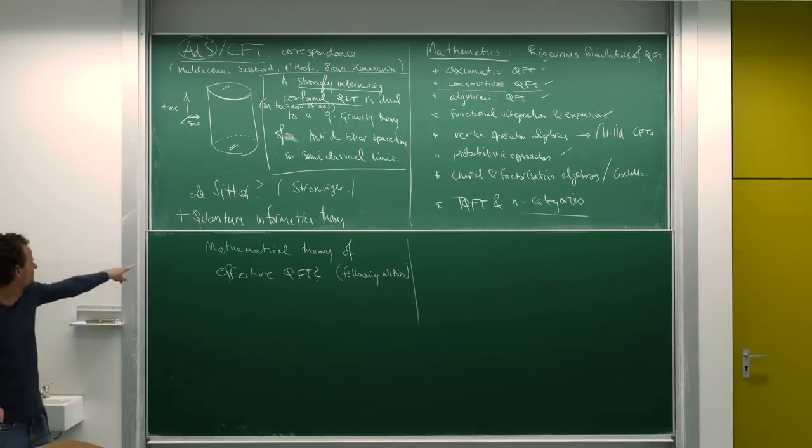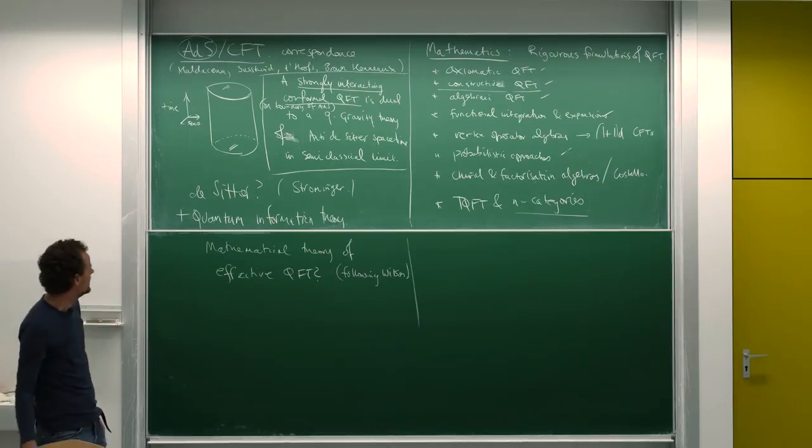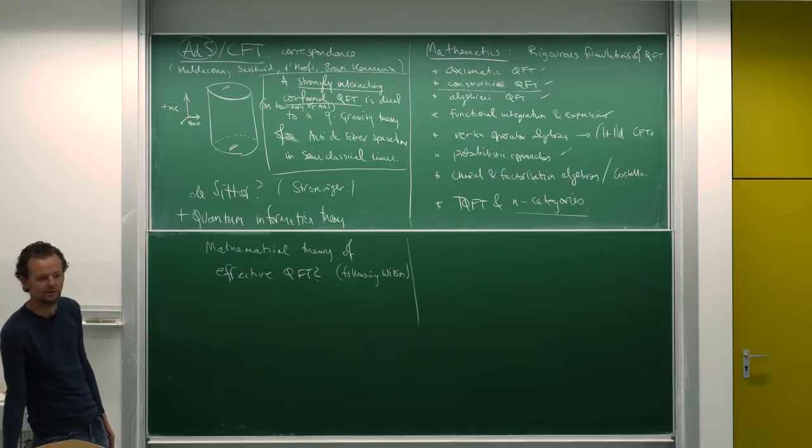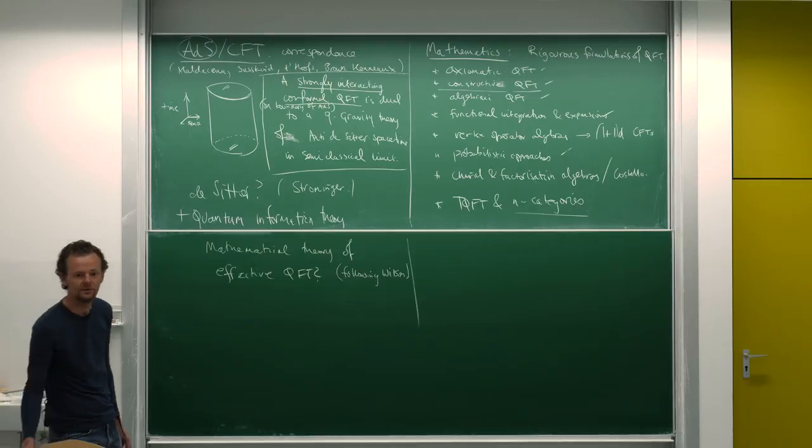But this is really the way physicists work with quantum field theories, so it seems worthwhile to study this direction a bit more, just to make sense of what physicists are actually doing every day. So I think I will leave you at the end of this course with that question: what is the mathematical theory of effective quantum field theory? And thank you very much for your participation.